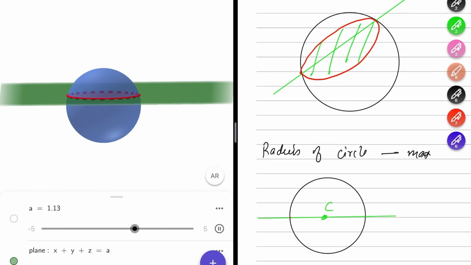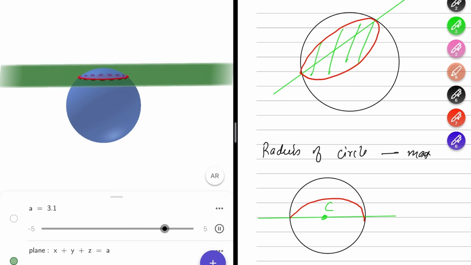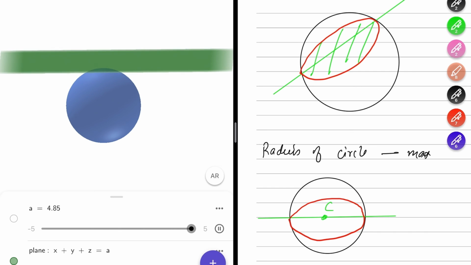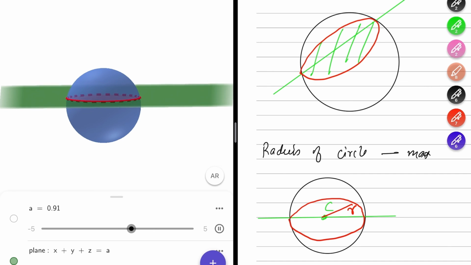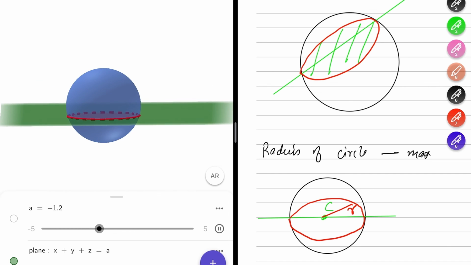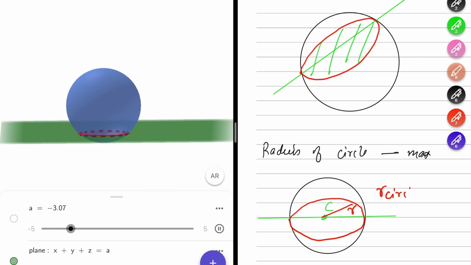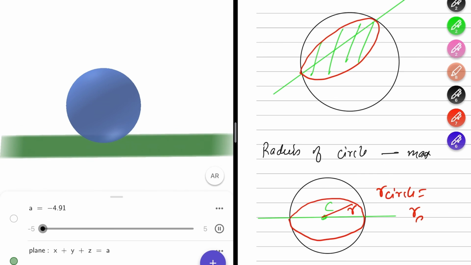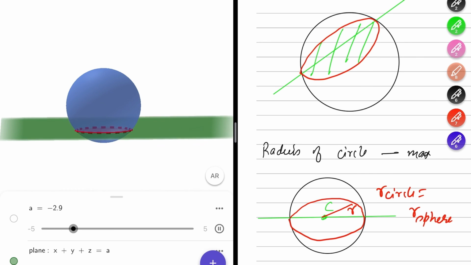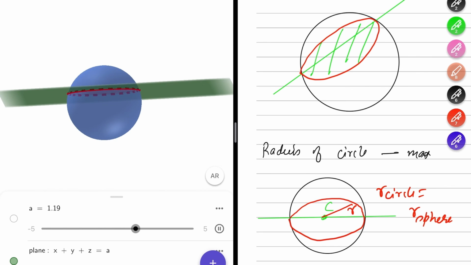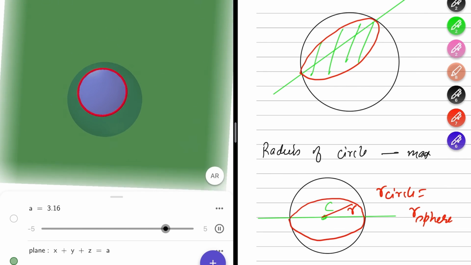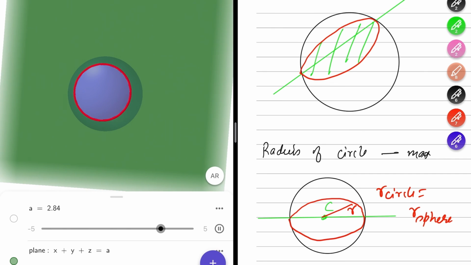In that case, we get a circle of radius the same as the radius of the sphere. So in this case, the radius of the circle is the same as the radius of the sphere. Okay, so we observe that the intersection of a sphere and a plane is a circle.